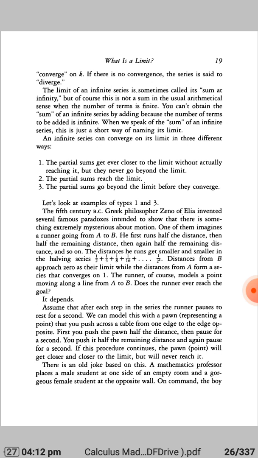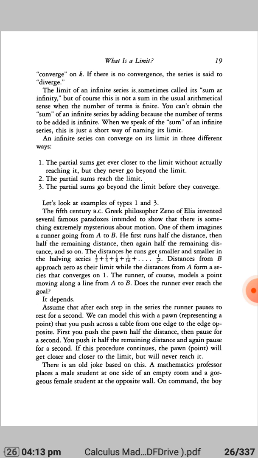The distances he runs get smaller and smaller in the series 1/2 plus 1/4 plus 1/8 plus 1/16 and so on, 1 upon 2 raised to n. The distance from B approaches 0 as its limit, while the distance from A forms a series that converges on 1. The runner of course models a point moving along a line from A to B.